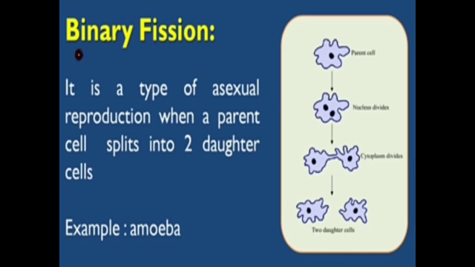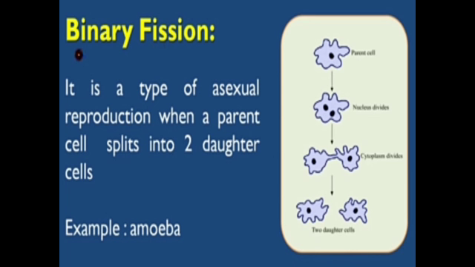Now, another method of asexual reproduction is binary fission. Binary fission is seen in amoeba. It is a type of asexual reproduction when a parent cell splits into two daughter cells.